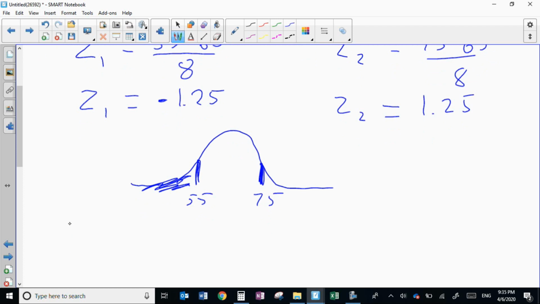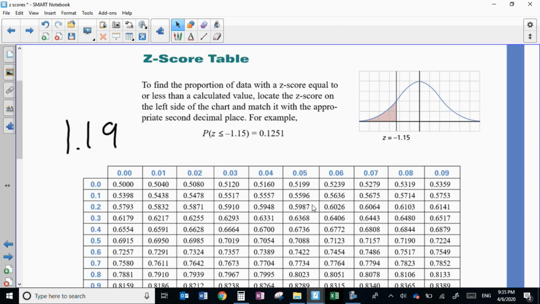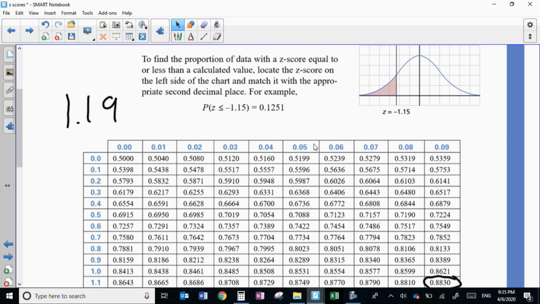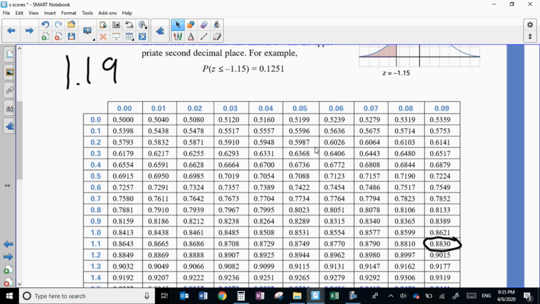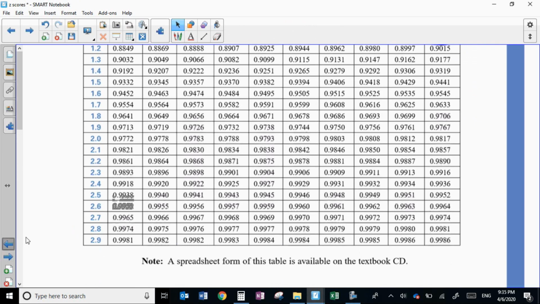So the first thing to calculate is the proportion that are less than or equal to negative 1.25. So let's use our Z-score table for that. Okay, so negative 1.25 would be on our first page.